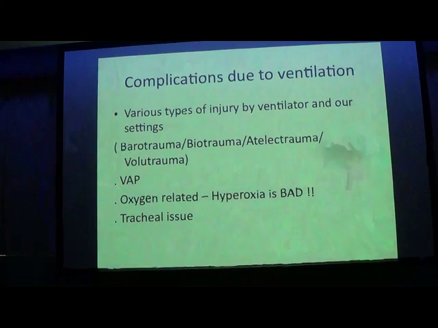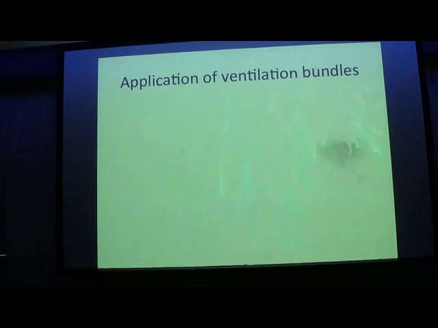They are all traumas; we'll discuss them in due course. Then ventilator associated pneumonia, oxygen-related injuries like free radicals. They say, like in head injury, hyperoxia is bad. Then tracheal issues and mechanical damage, tracheobronchial injuries, tracheomalacia. So these are the complications.